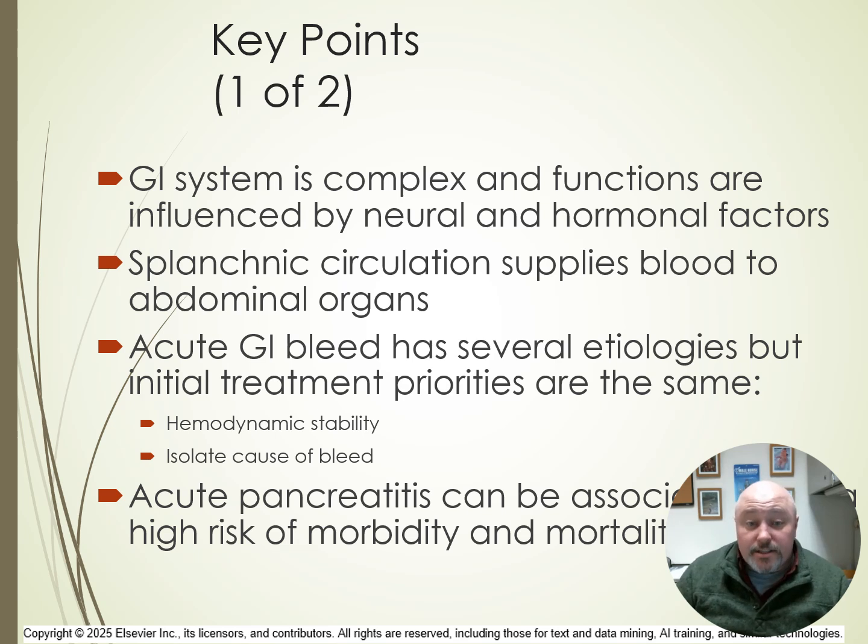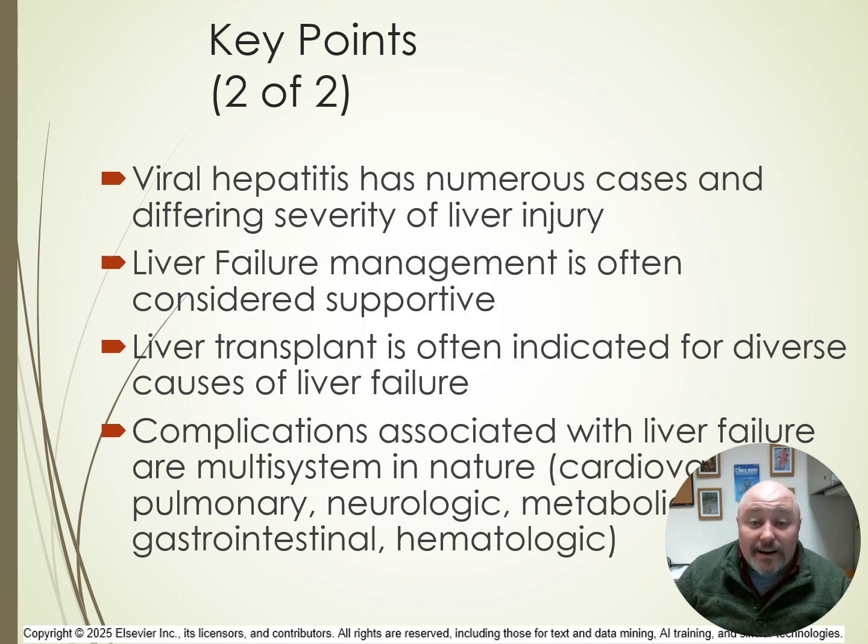For our key points, the GI system is complex, and the functions are influenced by neural and hormonal factors. Also, acute GI bleed has several etiologies, but the initial treatment priorities are the same: hemodynamic stability and isolating the cause of bleeding. And finally, viral hepatitis has numerous causes and differing severity of liver injury.